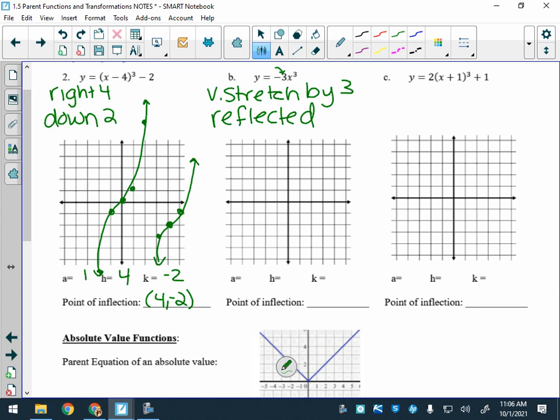Okay. So, what is my A value, Laurel? -3. Julia, what's my H value? Good. Tori, what's my K value? And Emily, what's my point of inflection? 0, 0. Okay. So since I have a reflection and vertical stretch, both of those affect what values, X or Y?